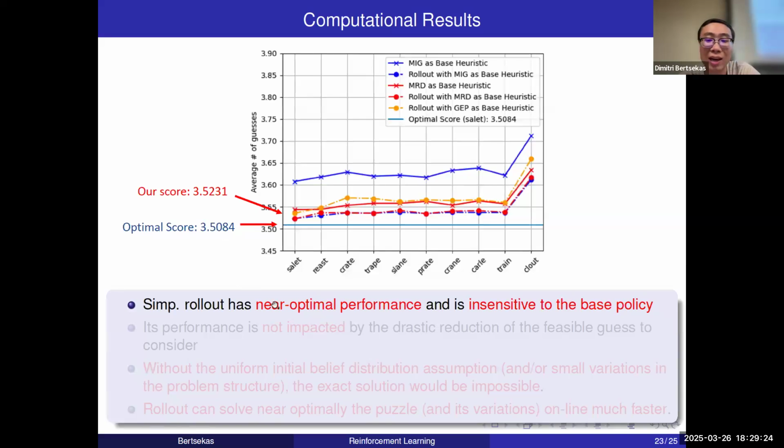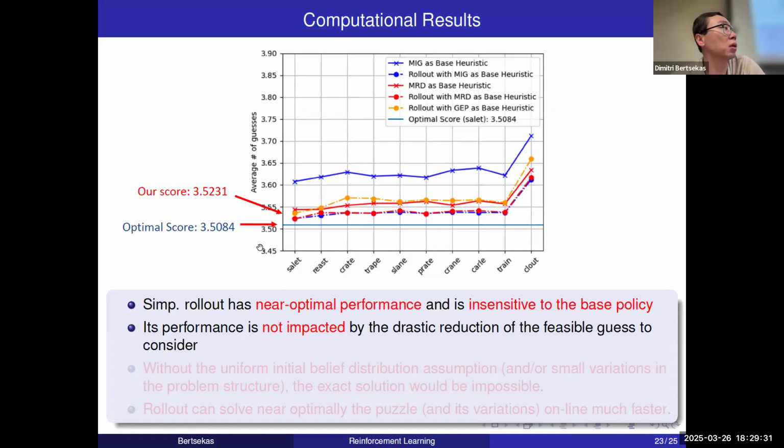So it's very close. And the computation time is 1 to 3 seconds. It's not much. And it can achieve this good performance and is insensitive to the base policy.